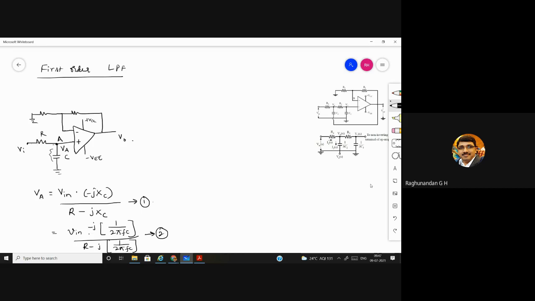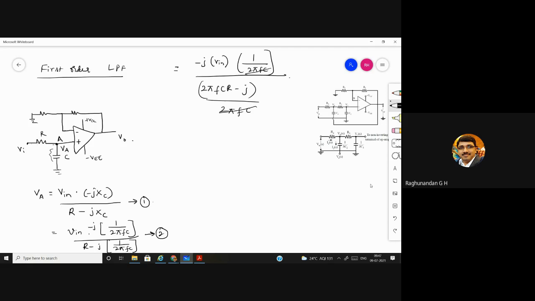Now let us simplify this equation as much as we can. When you simplify it, we get minus j into Vin into 1 by 2 pi FC, divided by, after cross multiplying, FC R minus j divided by 2 pi FC.